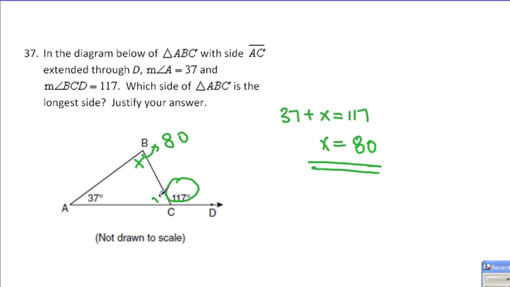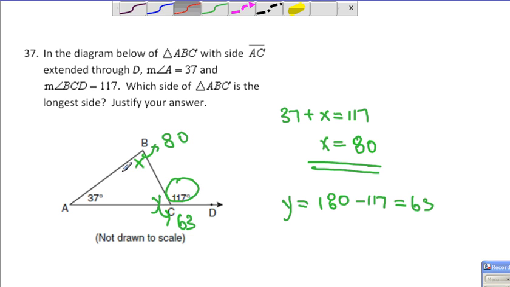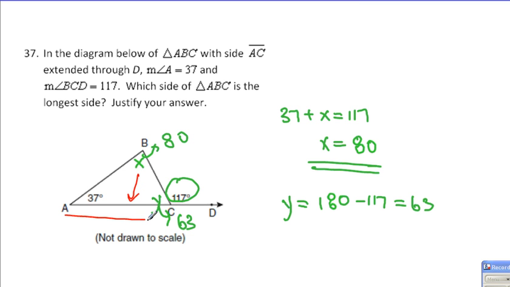Then here we can call this one y. Y is simply supplementary to a 117-degree angle, which gives us 63. So this is 63. Now, which side of the triangle ABC is the longest? Opposite of the biggest angle, which basically means AC would have been our answer.